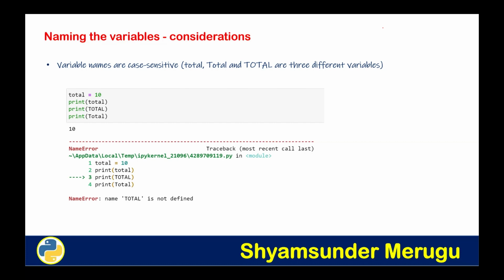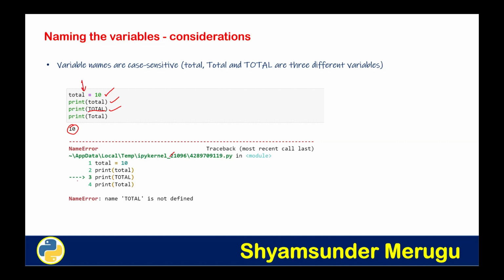As we know, Python executes the code line by line, right? So first total equal to 10 will be read, then it prints the total, so you get the answer 10. Later it goes to this instruction, then it sees total, but this total is not defined earlier, right? So immediately it throws the error.